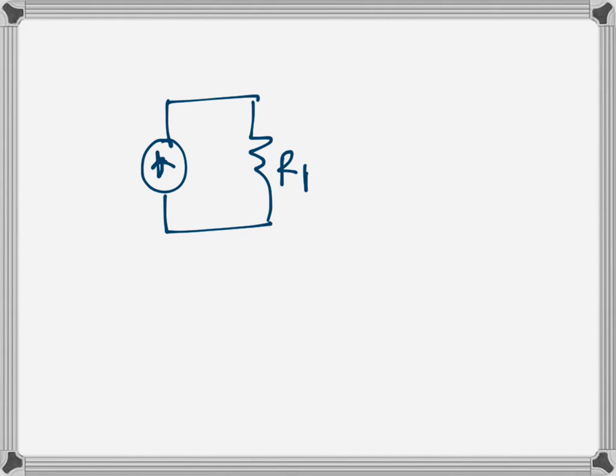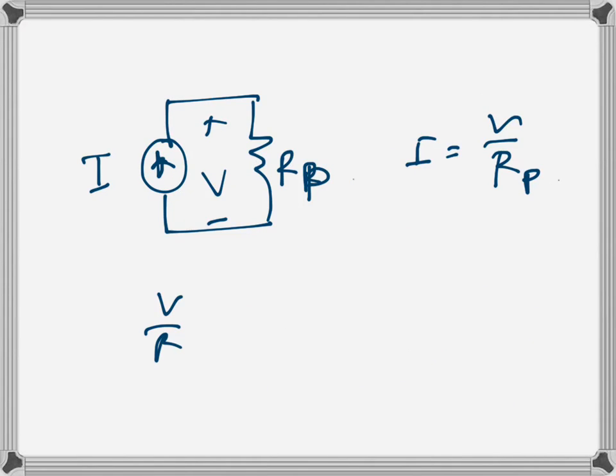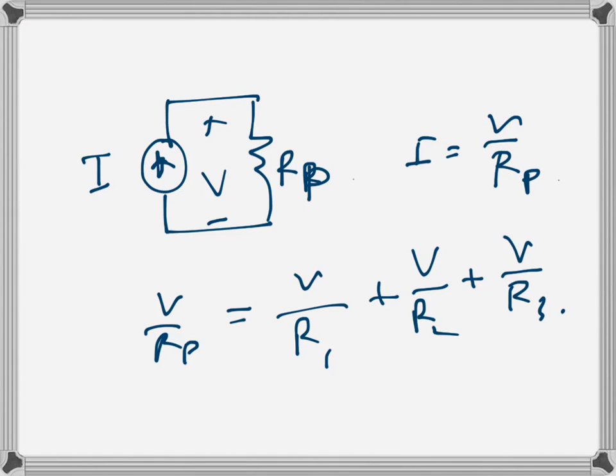If we want to find the equivalent resistance of these three parallel resistances, so we replace them with one resistance, let's call it RP, then the total current I will be V over RP. So on the left-hand side is V over RP, and this is V over R1 plus V over R2 plus V over R3.